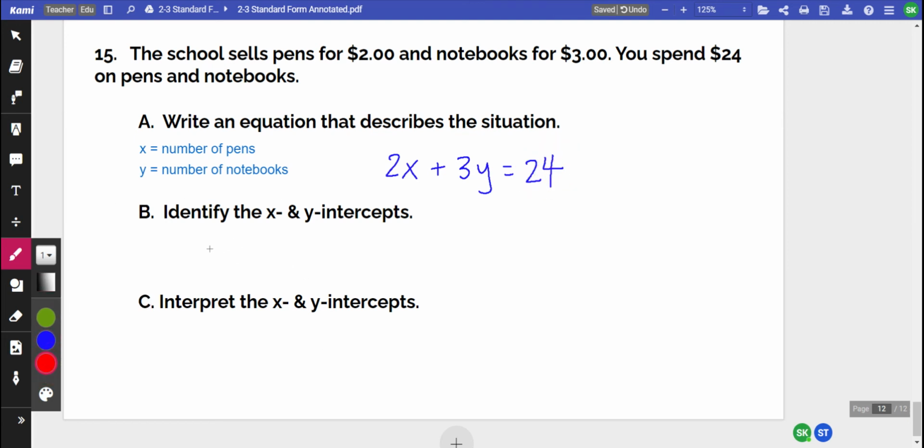For the x and y intercepts, if I plug in 0 to my y value, I get the equation 2x equals 24. And if I divide both sides by 2, I get x equals 12. So the x-intercept is the ordered pair 12, 0.